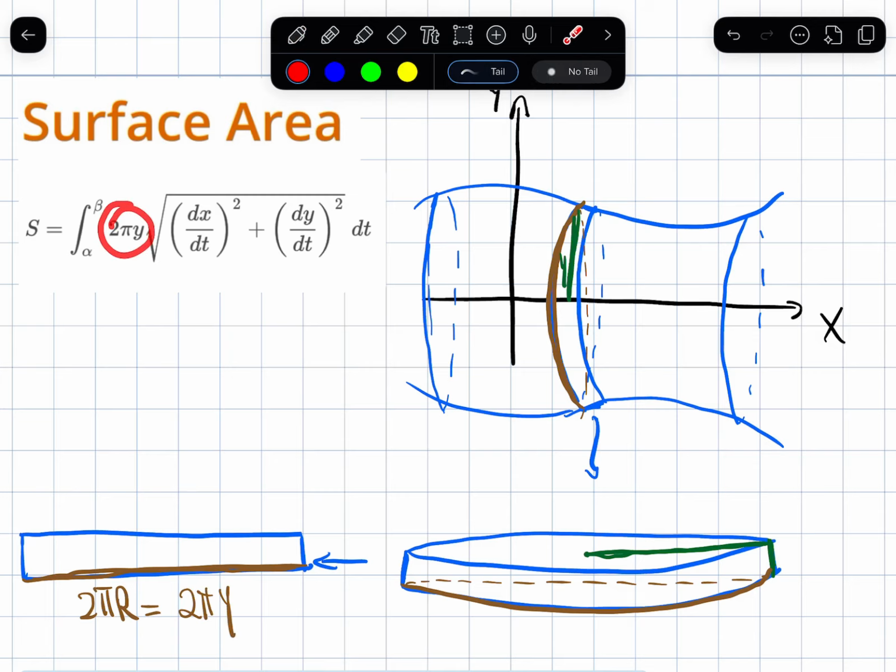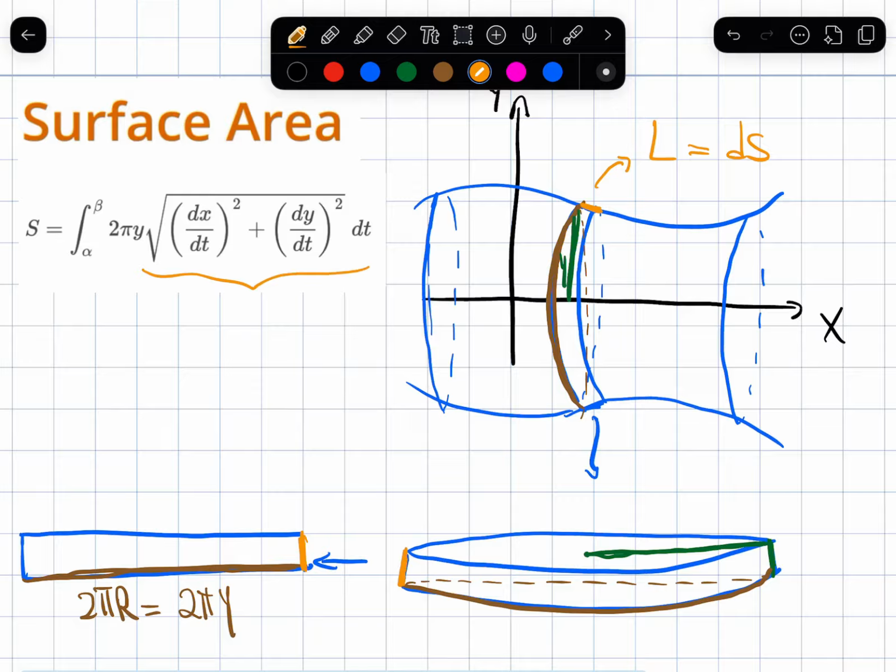And now the height or the width of the cylinder, let me choose another color, maybe orange, is this, which is this, which is this. So that's approximately the length of the curve, that little piece of length. So it's the ds. And if you remember the formula for arc length of a curve, this is exactly what ds is. A very, very small piece of the curve has length approximately equal to this.